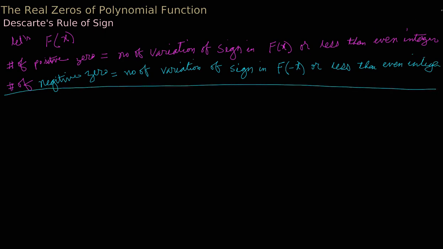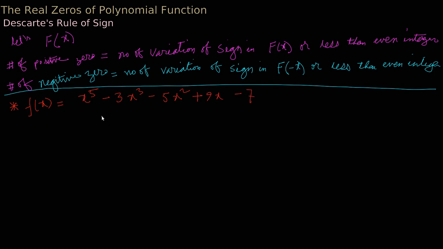Let's say I have a polynomial function f(x) = x^5 - 3x^3 - 5x^2 + 9x - 7.